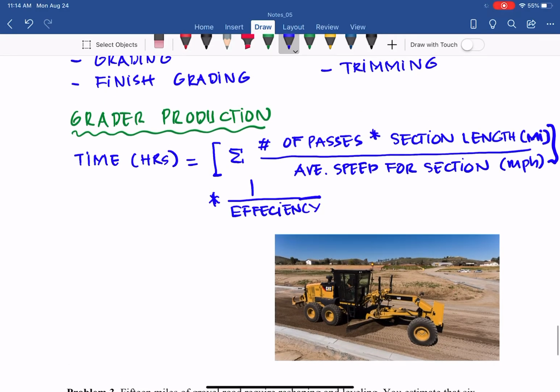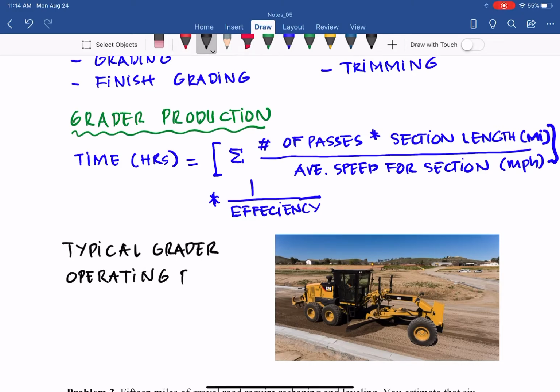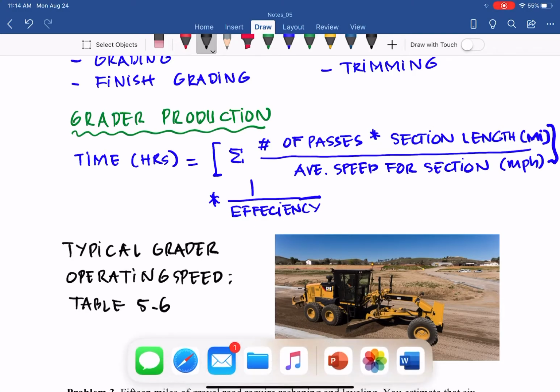And how do we determine the typical grader operating speed? If the problem does not give it, you go to Table 5.6, and I'm going to show it here.